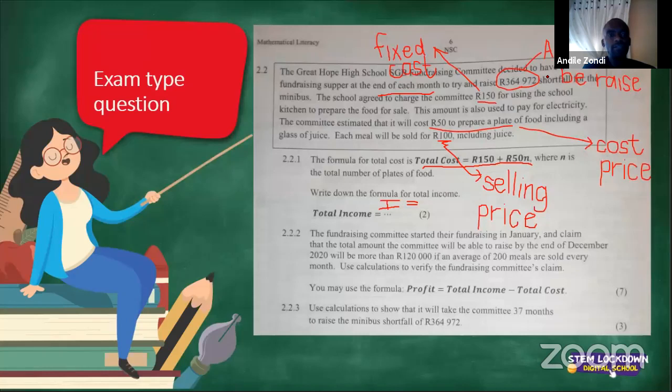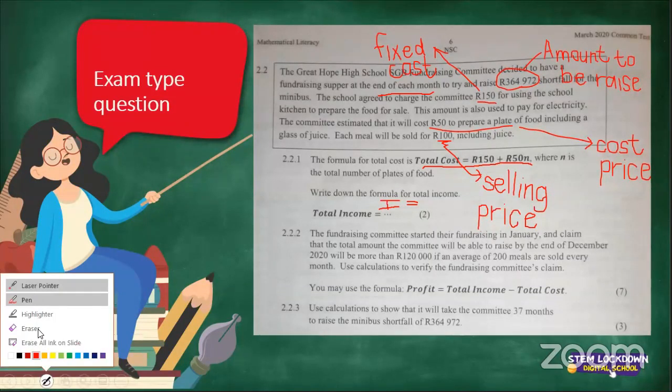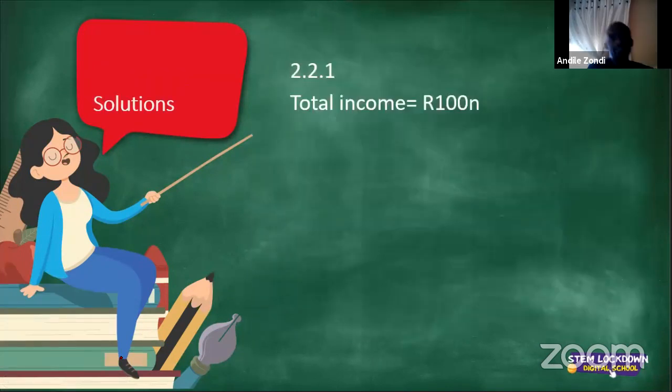Yes, that is 2.2.1. Total income is 100 times n.